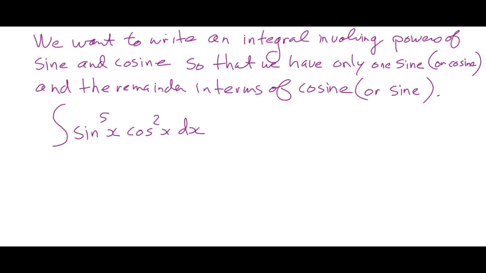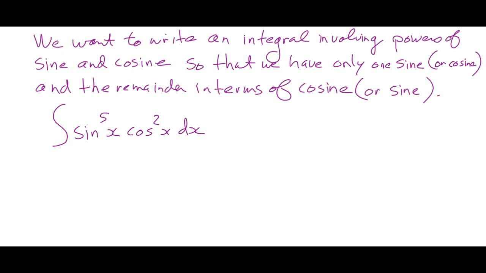So we have sine to the fifth x, cos squared x dx. Now, if we convert cos squared x to 1 minus sine squared x, then we won't have a cos, right? It'll just be sine, like sine to the fifth minus sine to the seventh or something. We can't do that.